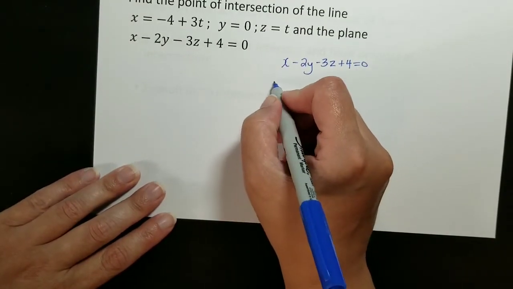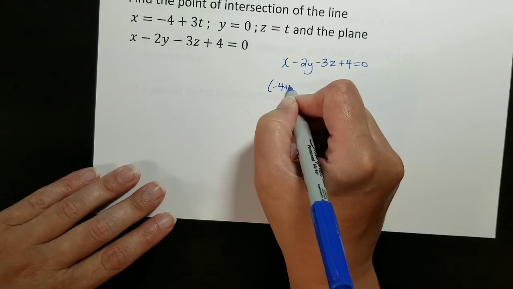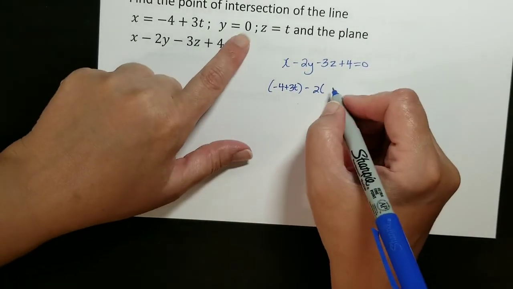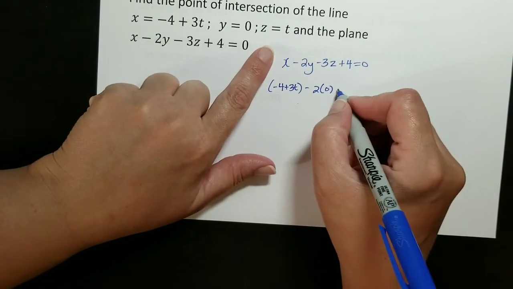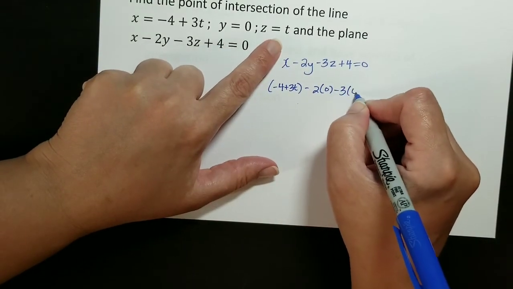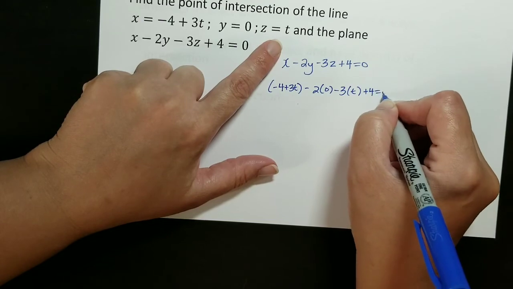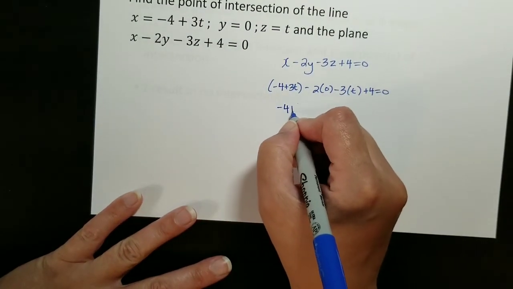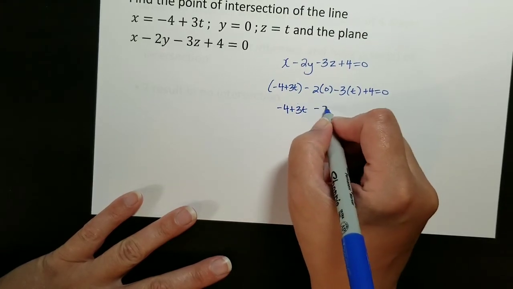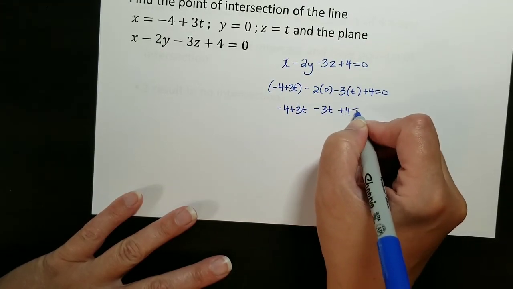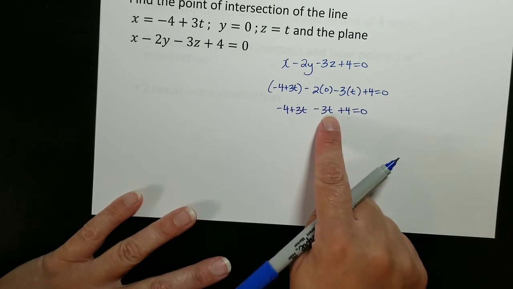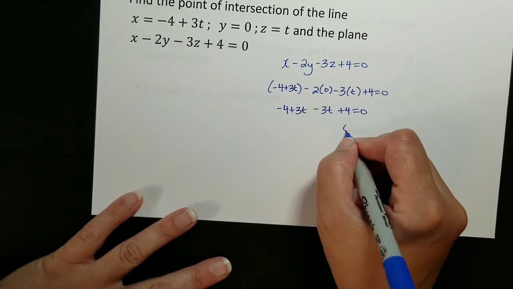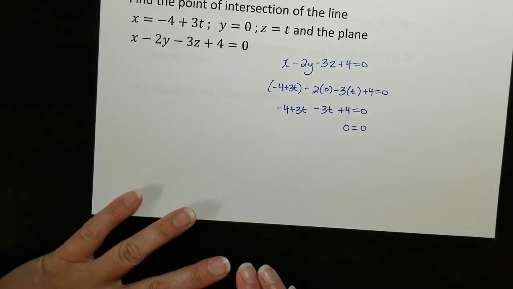So our x was -4 plus 3t from the line, minus 2 times the y value is 0, minus 3 times the z value of t, plus 4 equals 0. So here, -4 plus 3t minus 3t plus 4 equals 0. And 3t minus 3t is just gone. -4 plus 4 is just gone. So I get 0 equals 0.